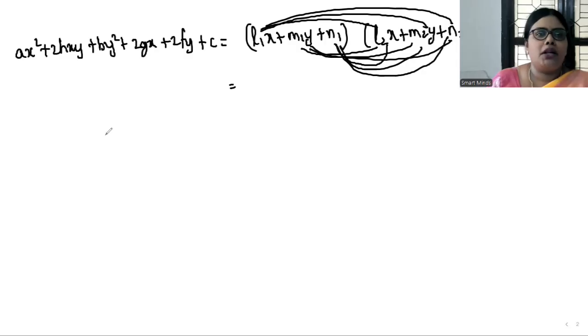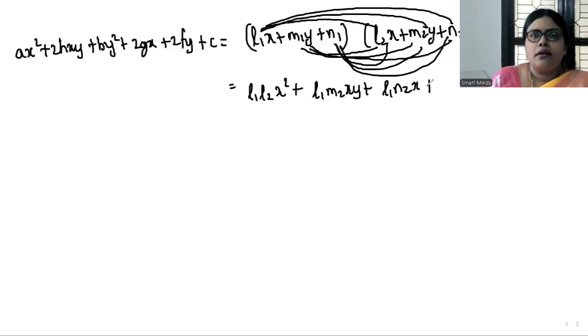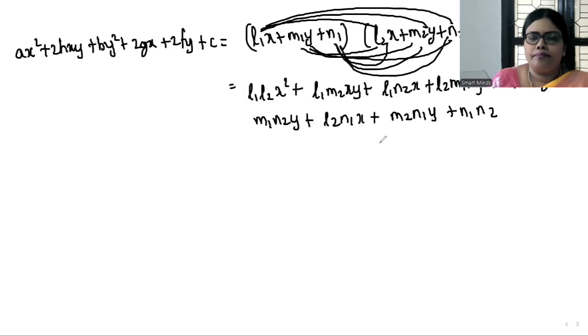Understood? This is the way of multiplication. So that is L1 L2 x square plus L1 M2 xy plus L1 N2 x plus L2 M1 xy plus M1 M2 y square plus M1 N2 y plus L2 N1 x plus M2 N1 y plus N1 N2.